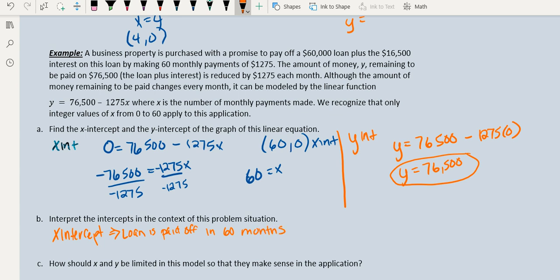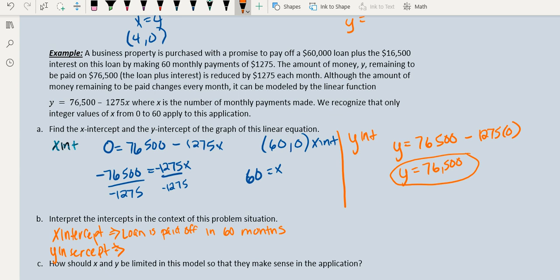All right. And then, how would I interpret the y-intercept? If we look at it again, the y-intercept corresponds to the total loan that must be repaid after 0 months after purchase.